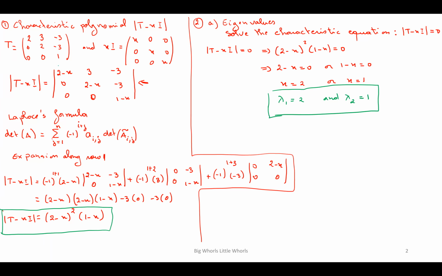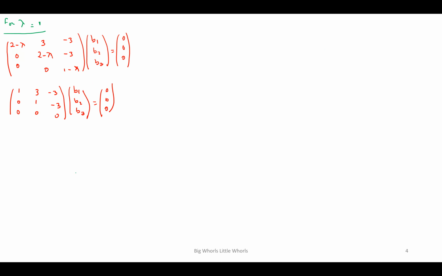So finding its determinant is very easy: we just multiply down the diagonal. Most of the time we are not lucky to have the matrix in echelon form, so when dealing with eigenvectors and eigenvalues, it is better to use Laplace's formula.